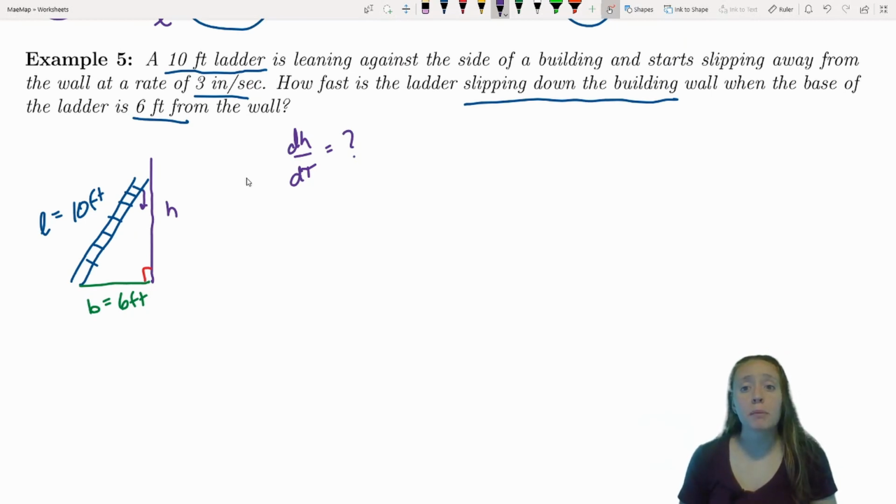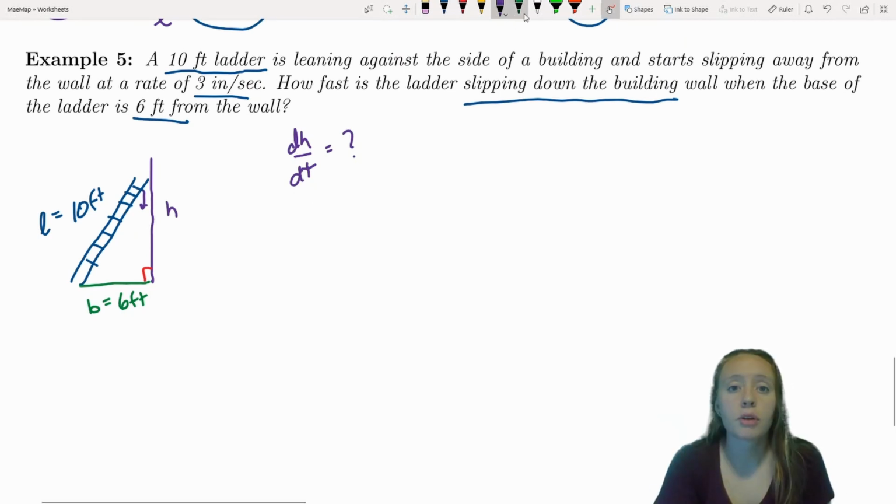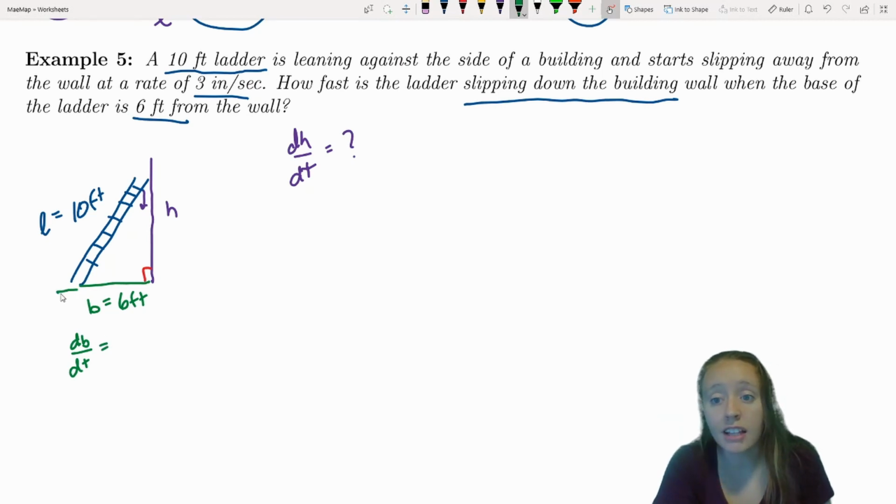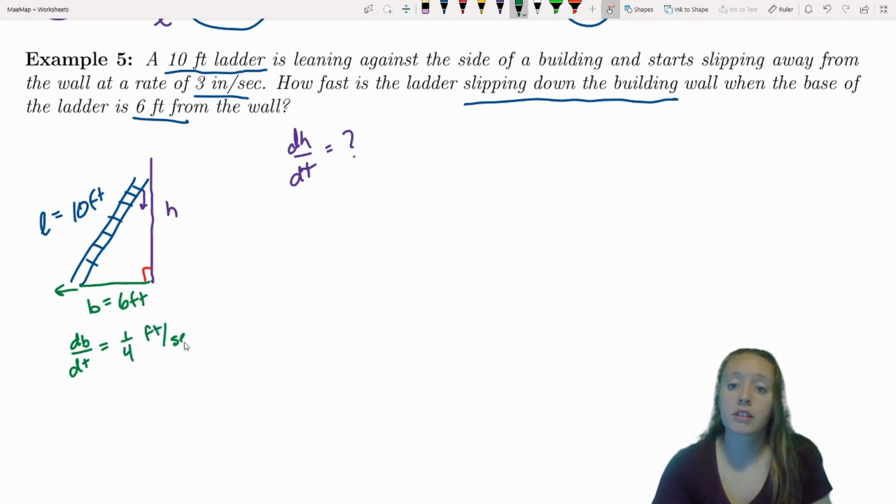Everything else in my problem is in terms of feet, so I'm going to write 3 inches per second as feet per second, and we know that 3 inches is a quarter of a foot. So my rate dB/dt is growing because that ladder is slipping away from the wall. It's increasing its distance at 1/4 foot per second.